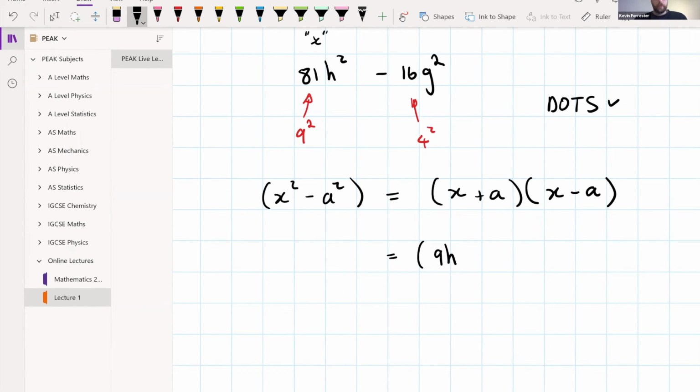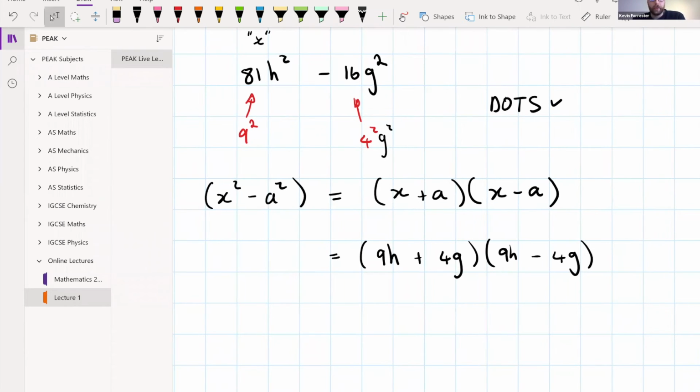Because the square root of 81 is 9, or 81 is 9 squared. So it's going to be 9h plus, now 16g squared, we can write as 4 squared g squared. And so it's going to be 4g. And then same thing here, 9h minus 4g. There we have done difference of two squares and factorized.